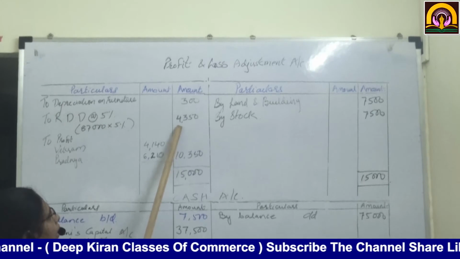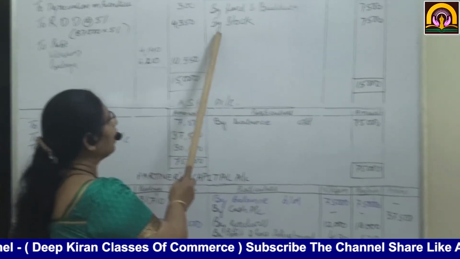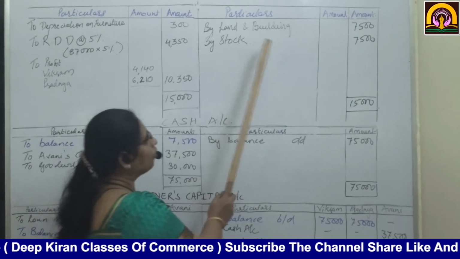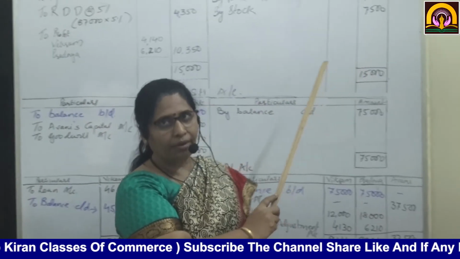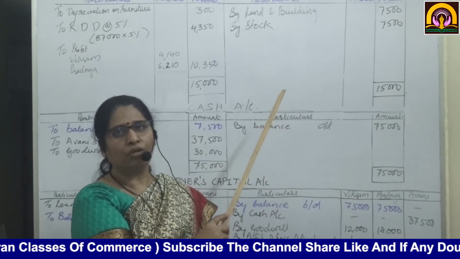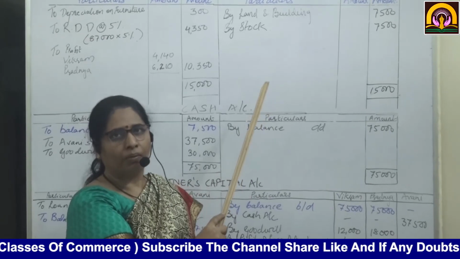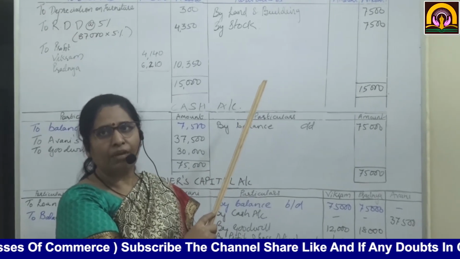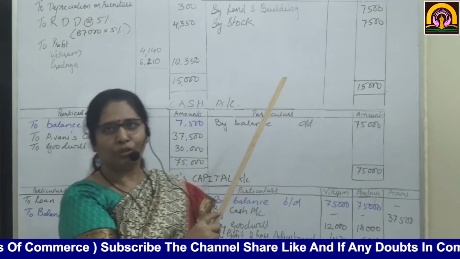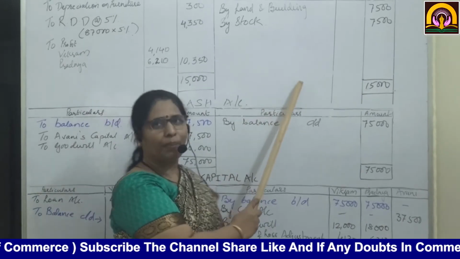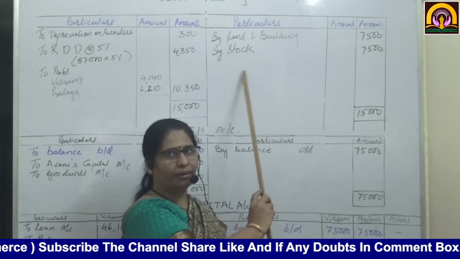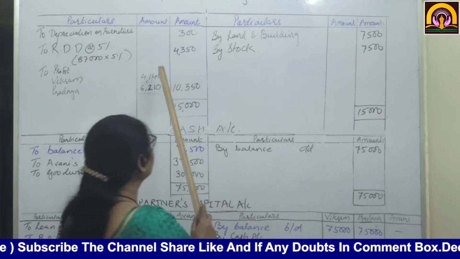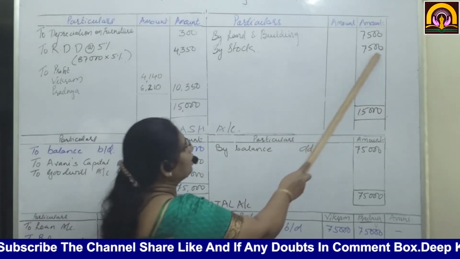And lastly, they have said the stock is to be valued at rupees 82,500. The value given in the balance sheet is 75,000, so there is an appreciation of rupees 7,500.